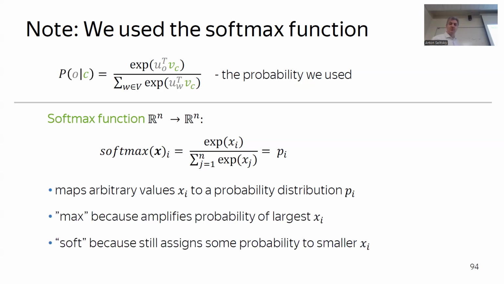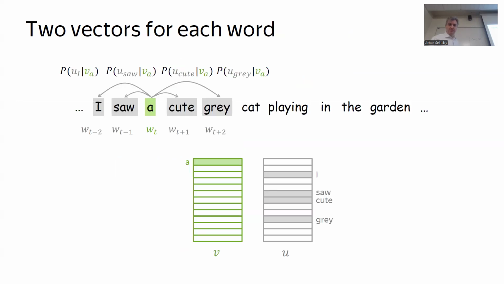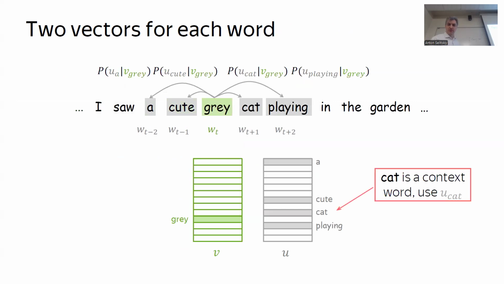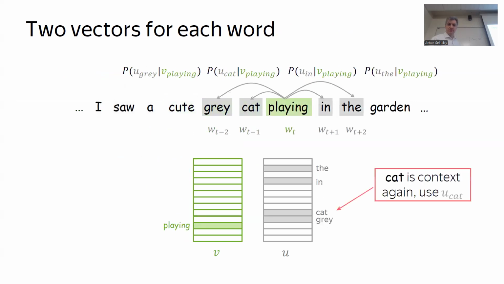And it's softmax because it returns not just a hard classification 0, 1, but numbers between 0 and 1. I will skip this illustration.